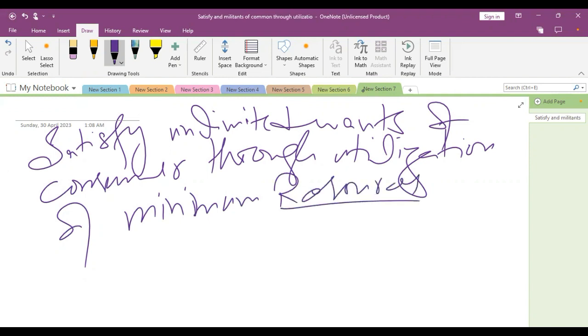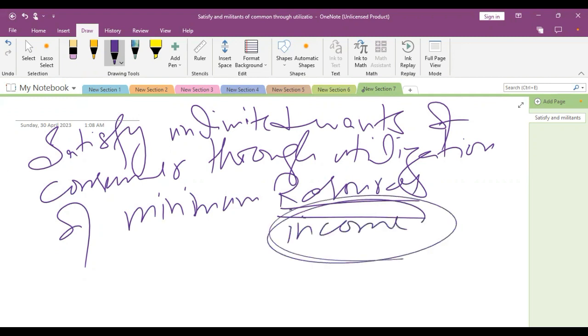The resource that we are studying here is the income or the money that you want to expend on different products.